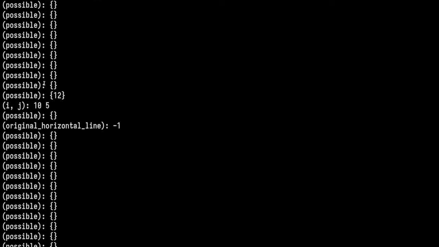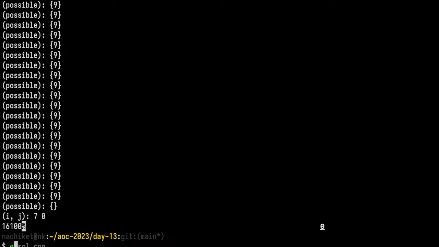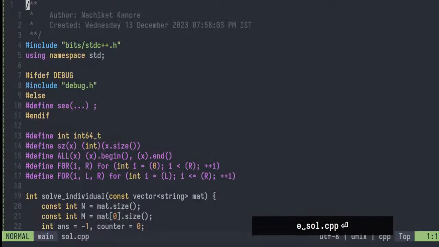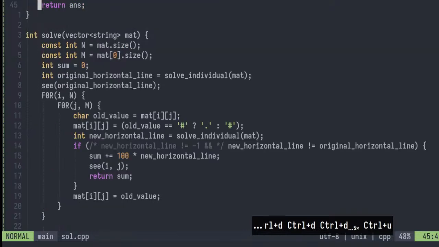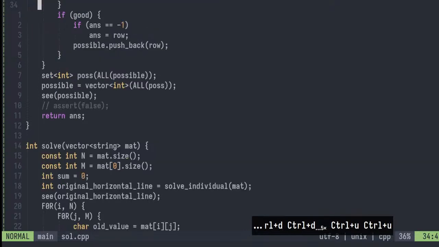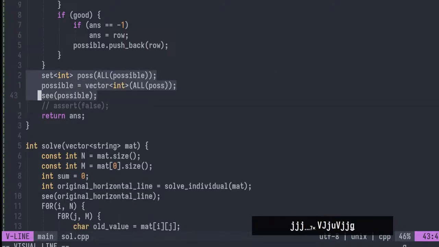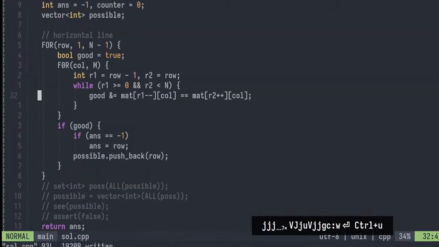So even in here it is found at some point. Let's do one thing. This is possible, and let's say we always get 1, so let's not do this thing.